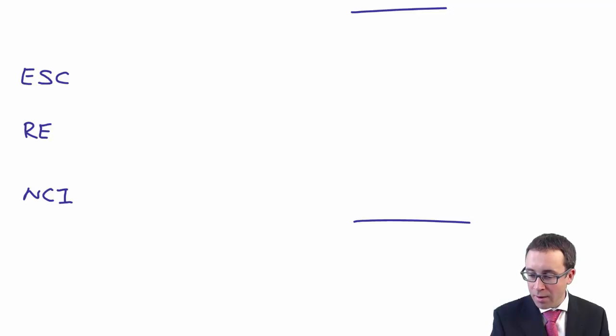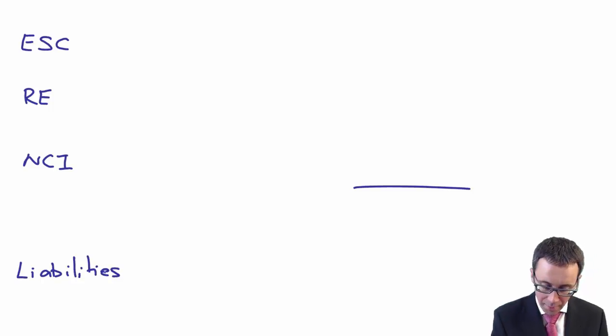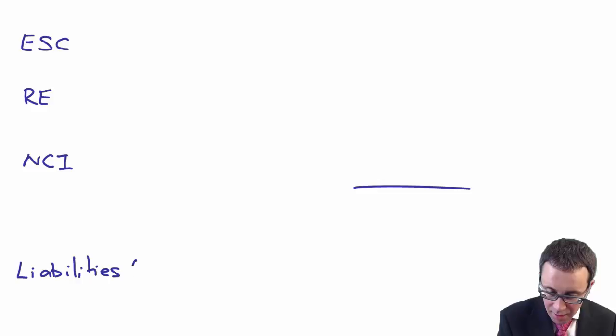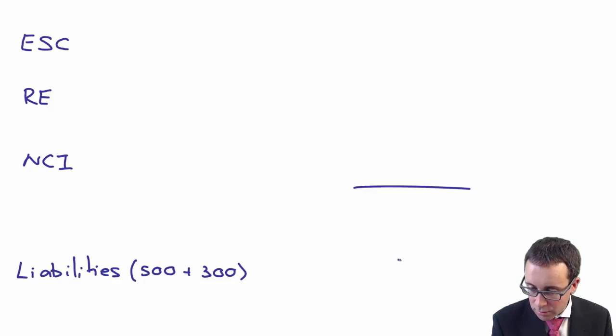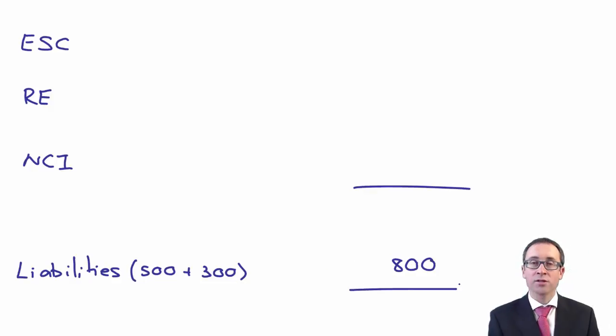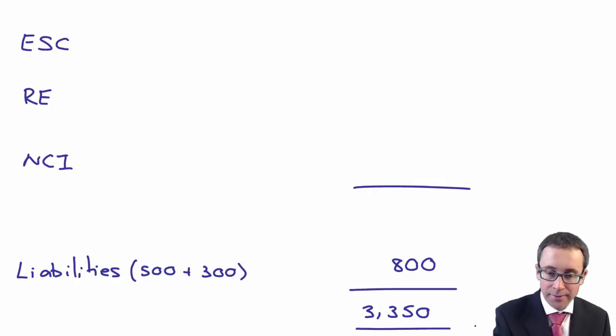You can then total that up. That would give you your equity, wouldn't it? And then you have your liabilities. Is that the 500 plus 300, which gives me 800. Okay, and I know that should come to 3,350 at the end. Okay.